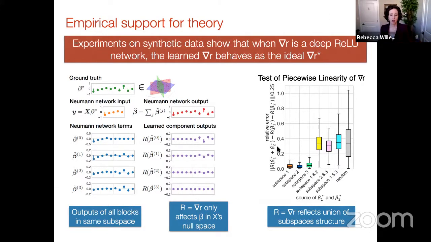And we can see whether our learned regularizer gradient is behaving like a linear operator or not when beta 1 and beta 2 are both from subspace 1, both from subspace 2, both from subspace 3, or when they're from 2 different subspaces, or when they're just random quantities. And what we can see is that when they're both from the same subspace, then this thing that we're learning behaves linearly, and otherwise it's behaving non-linearly, which is exactly what our theory predicted.